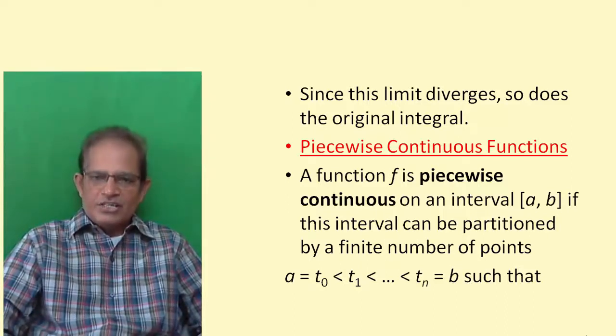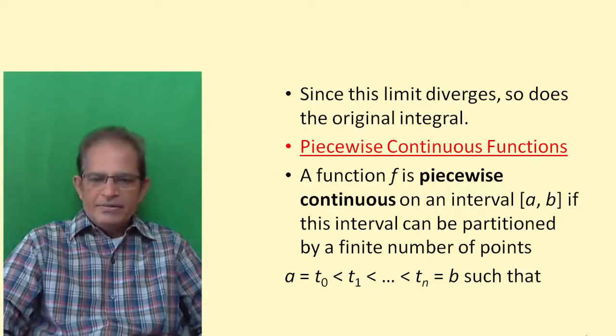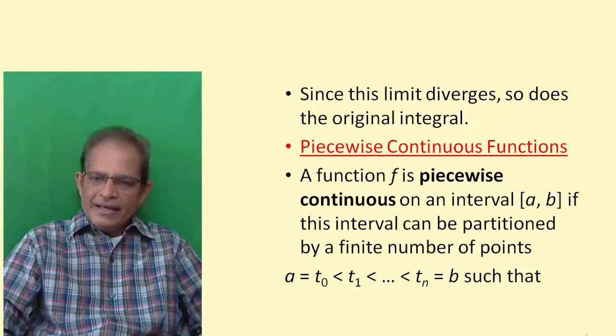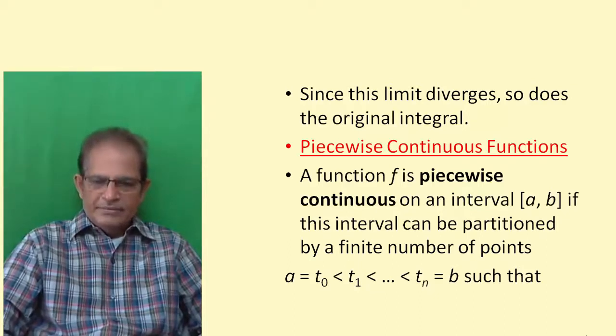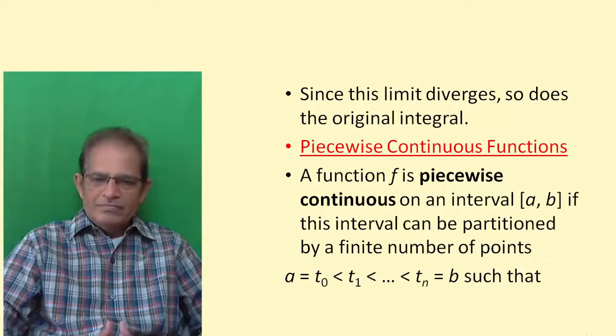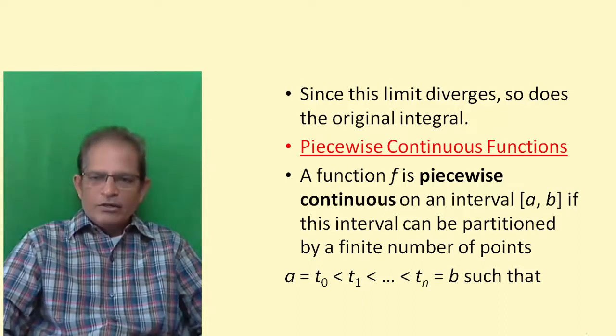Piecewise continuous functions. A function f is piecewise continuous on a closed interval ab if this interval can be partitioned by a finite number of points a is equal to t0, less than t1, less than t2, and so on up to less than tn is equal to b. So this t0, t1 up to tn generates a partition in the closed interval.